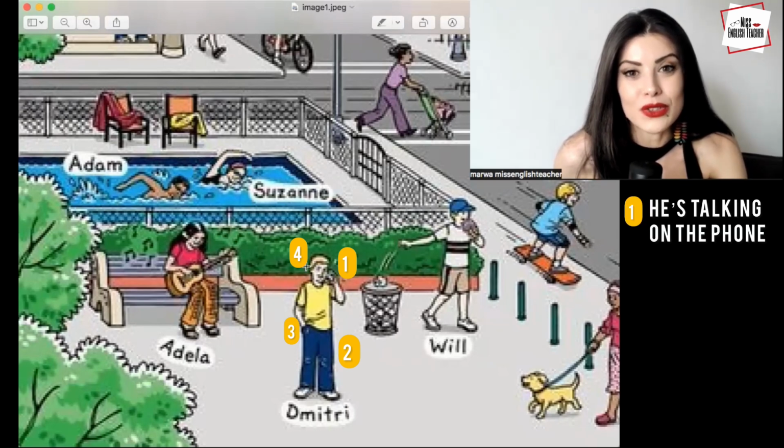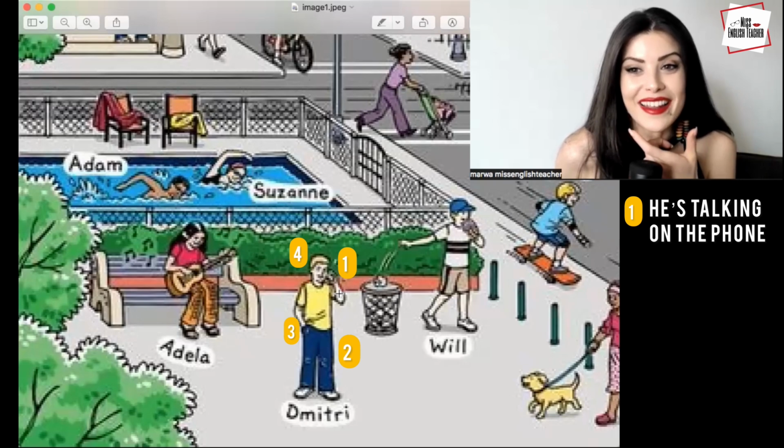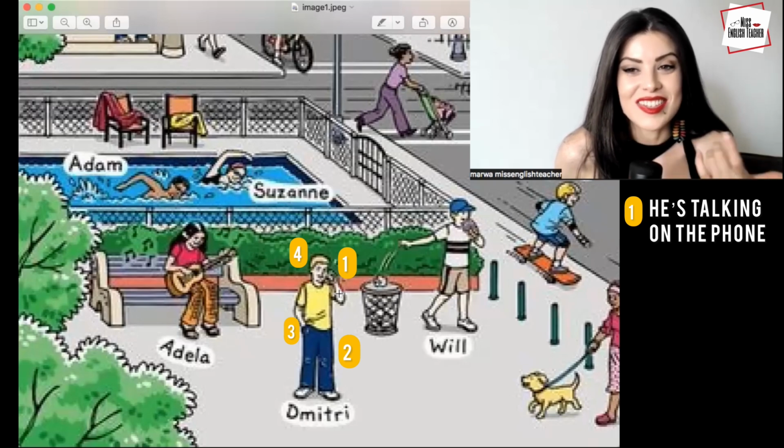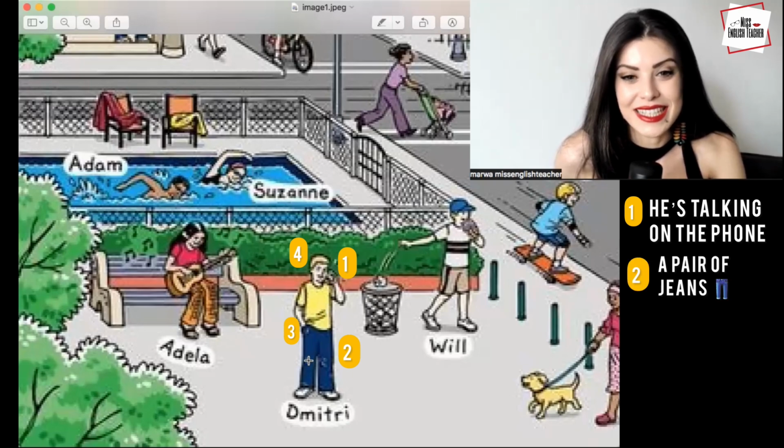Okay, so Dimitri is obviously talking on the phone. He's smiling. So this could be a fun conversation. He's wearing a yellow t-shirt and a pair of jeans.